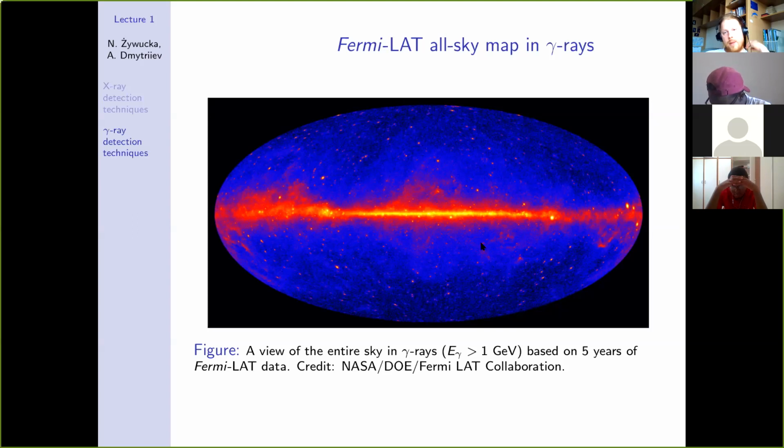So what's happening in the galactic plane? Why are so many gamma rays coming? What is the source? So the source is the most abundant material in the interstellar medium. So you see this is the view of our galaxy more or less. The most abundant material is just hydrogen, which is 1 proton and 1 electron.